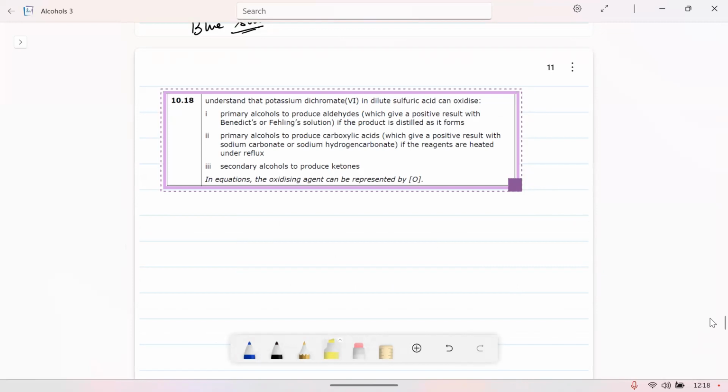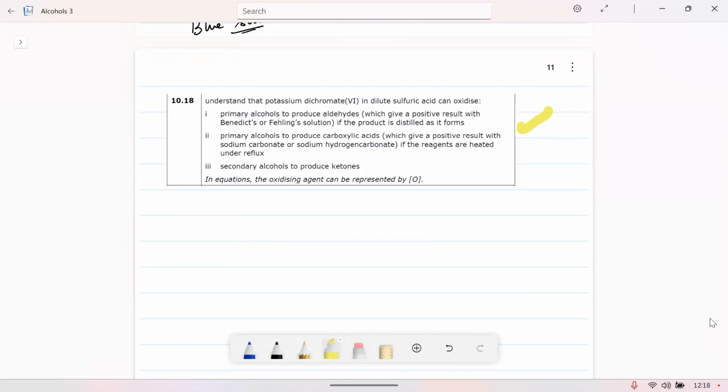So we have done this whole thing today. Primary alcohols produce aldehydes, which give a positive result with Benedict and Fehling solution if the product is distilled off, because the distillation will then provide the aldehyde. And primary alcohols produce carboxylic acid, which gives a positive result with sodium carbonate and hydrogen carbonate if the reagents are heated under reflux.